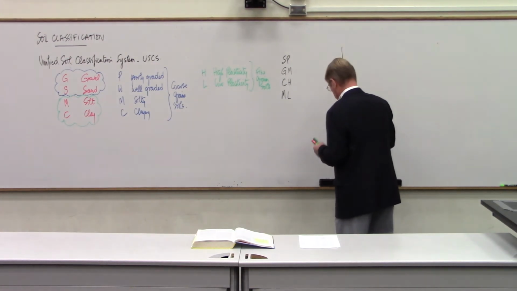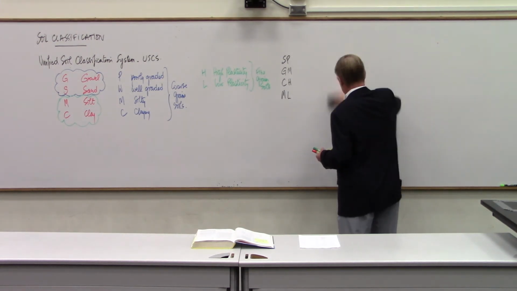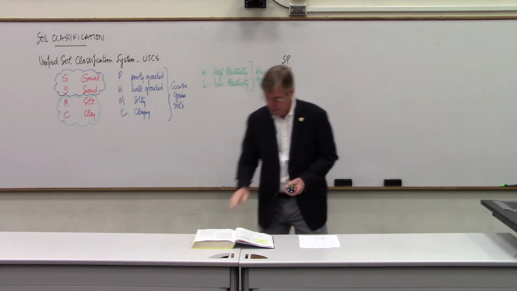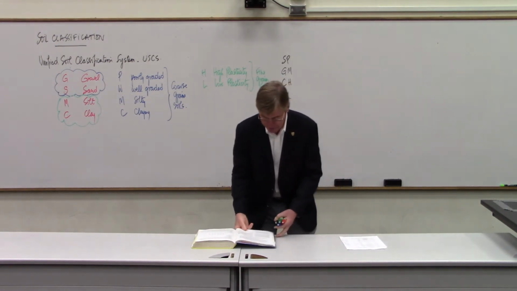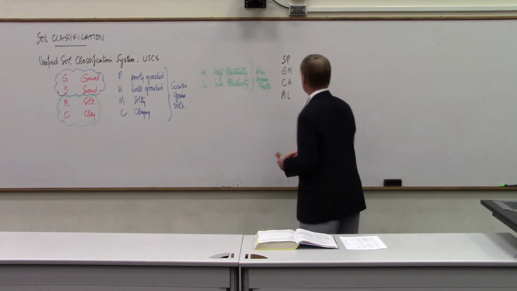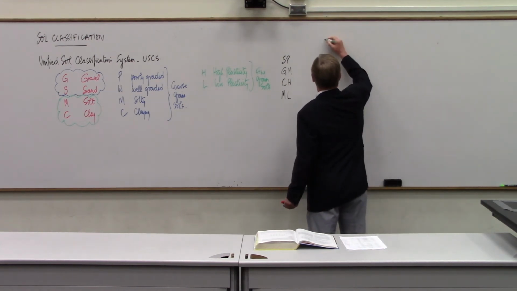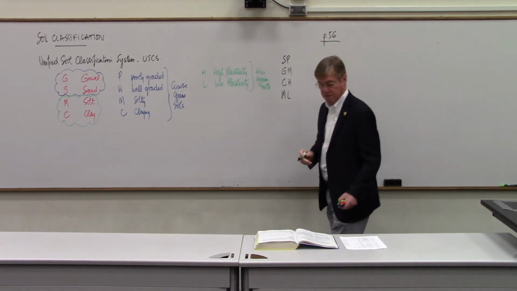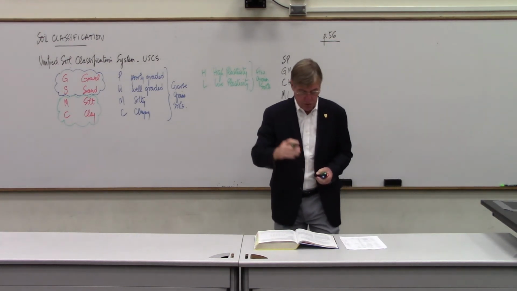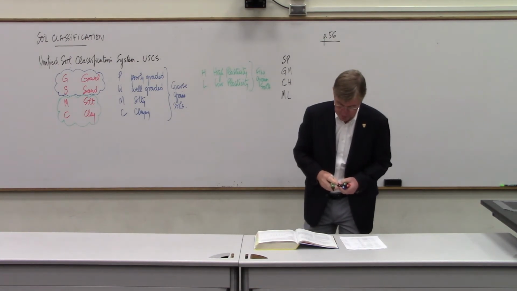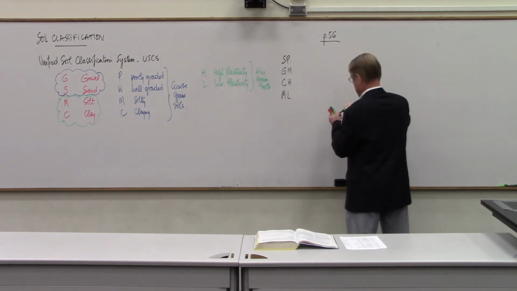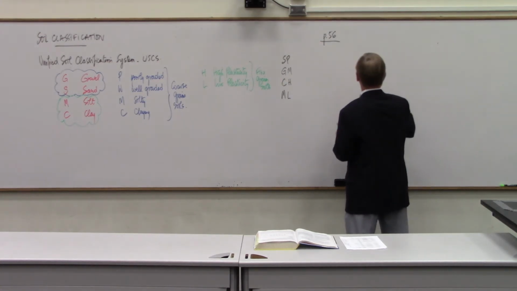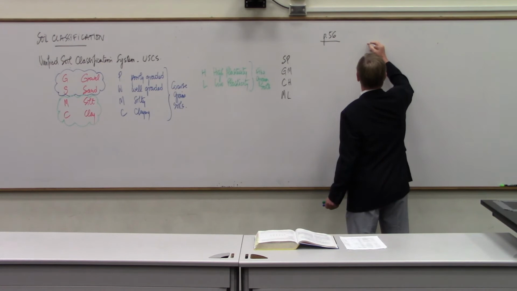So I'm on page 56. On page 56, you'll see there are two flow charts, and I'll put it in red here, fine-grained soils.